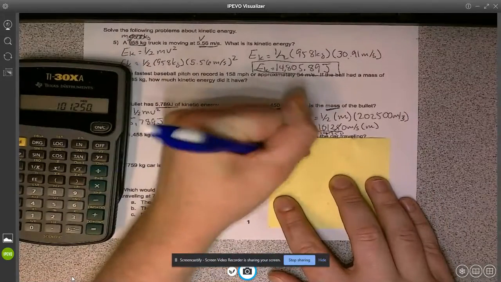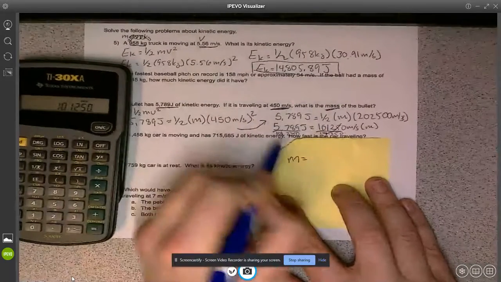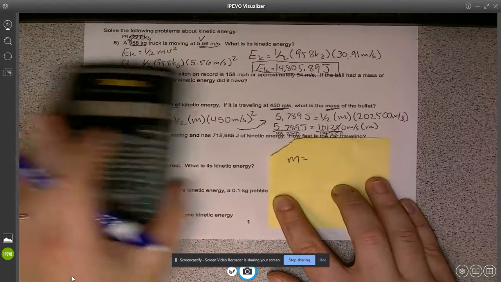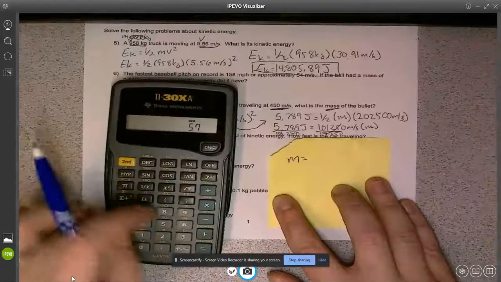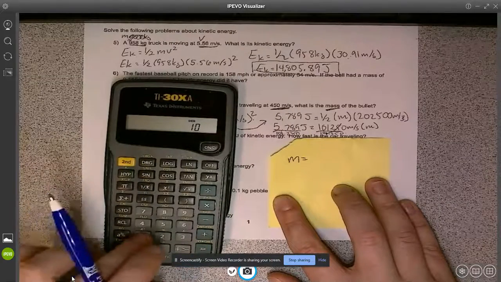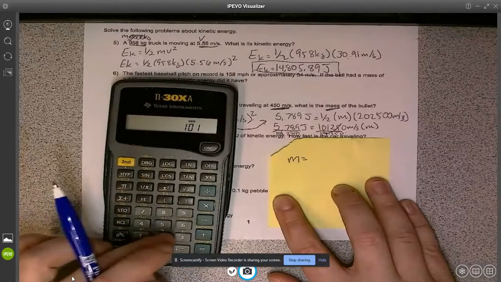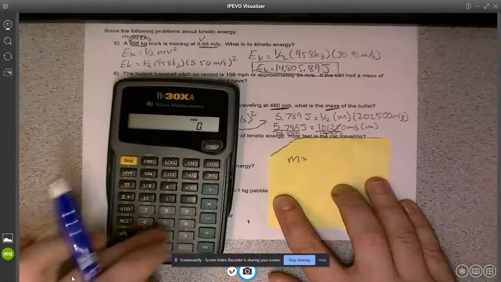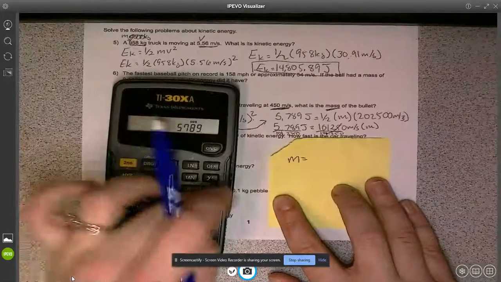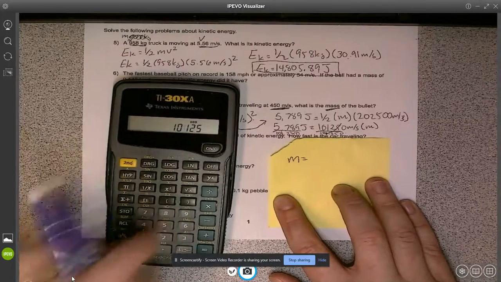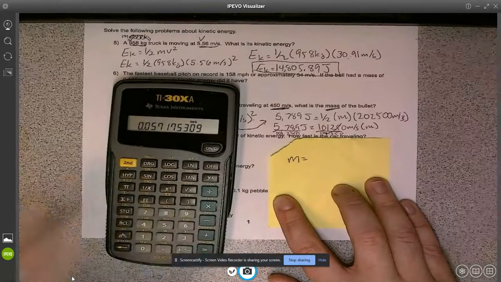So my mass is on one side, and then I have this number divided by this number. So I'm going to clear my calculator and take my 5,789 and divide it by 101,250. Oh, I didn't do that right. So 5,789 divided by 101,250 equals.